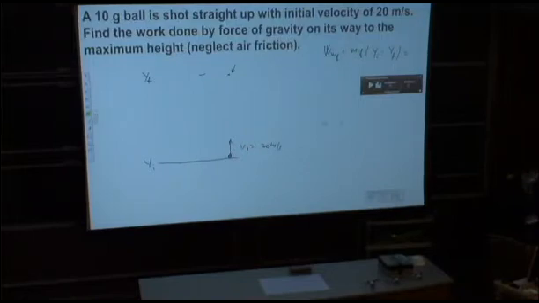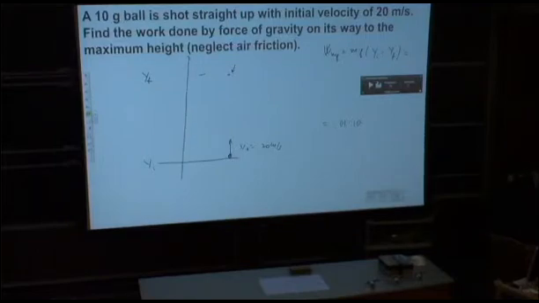In kilograms, that's going to be 0.1. We know g is about 10. All we need to know is its difference. You see, when calculating the work done by gravity, we don't need to know the exact value for potential energy. We need to know the change. So it's up to us how we choose the zero level.